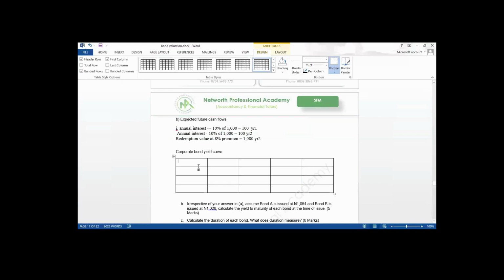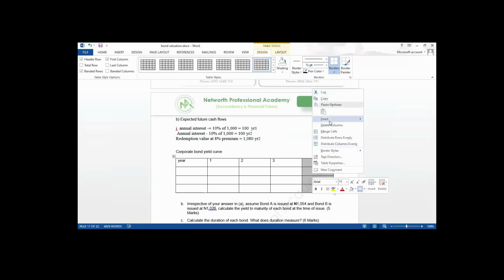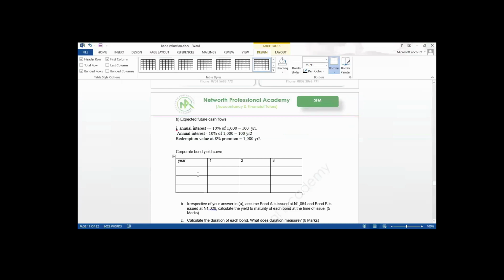You start with the year. Year 1, year 2, year 3. If you look at the question, we have bond for 2 years, we have bond for 3 years. You start with government spot yield curve.